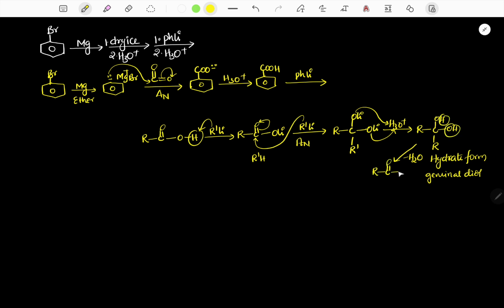It gives the corresponding ketone. So here simply Ph minus will be attached after completion of this mechanism. Finally we get the corresponding product ketone. So it is simply benzene, C double bond O, benzene, and this compound is known as benzophenone.